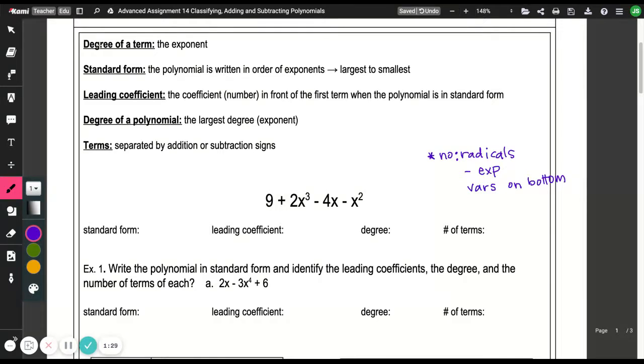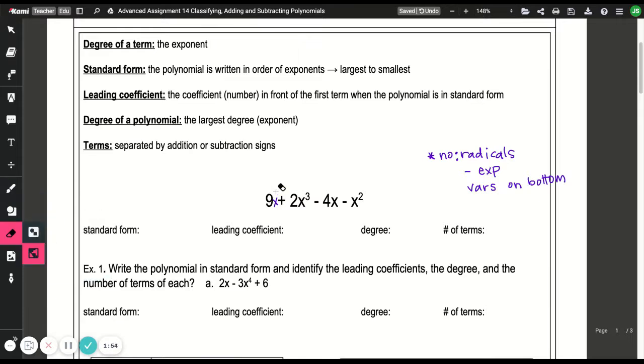We're going to talk about the degree. So the degree, there's two different parts to degree. The degree of a term is simply the exponent. So if you look at this, the degree is 3. The degree of this term is 1. The degree of this term is 2. The degree of the 9, we could change this as 9x to the 0 since there's not an x there. So the degree would be 0.